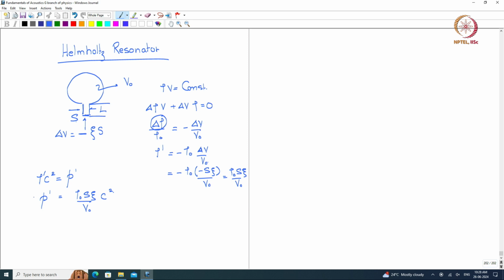Force is pressure into S. So, the force is equal to p dash into S, which is rho 0 c squared S squared by V0 into xi, the inward movement. So, this is the force. Now, force over displacement xi is equal to rho 0 c squared S squared by V0. This is the stiffness of the system.